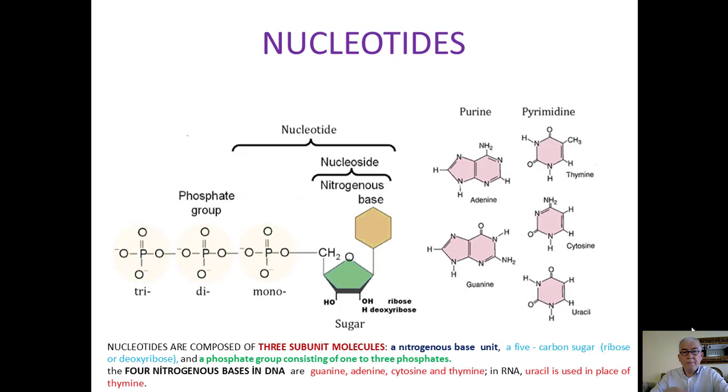And when you look at nucleotide metabolism or nucleotide structure, nucleotides are composed of three subunit molecules. A nitrogenous base unit, which we have to synthesize in the de novo and salvage pathways in purine and pyrimidine metabolism, a 5-carbon sugar, ribose or deoxyribose, and a phosphate group consisting of 1 or 3 phosphates.